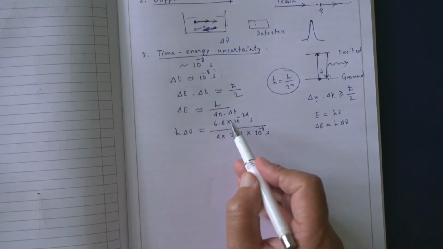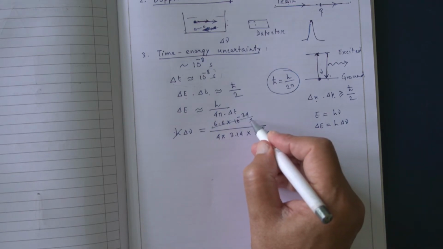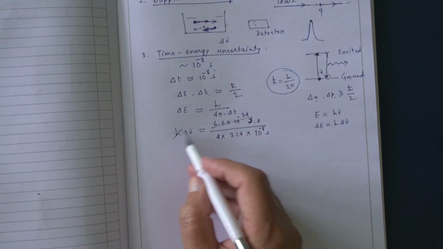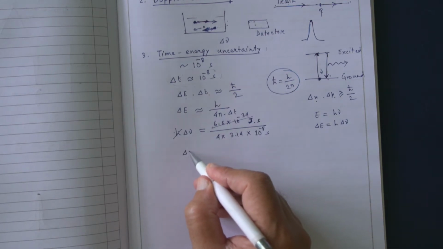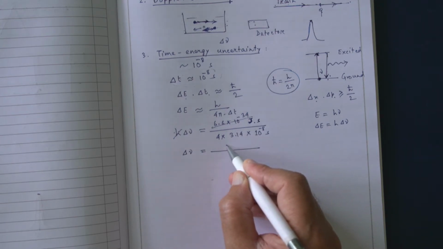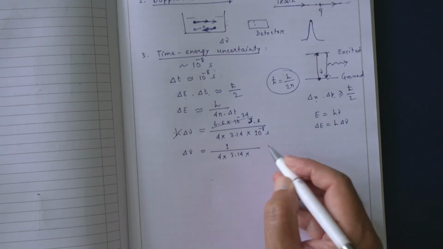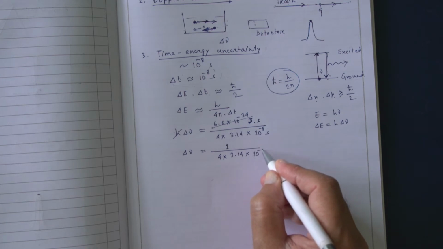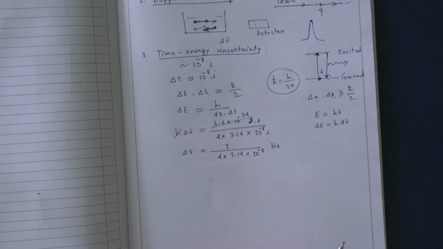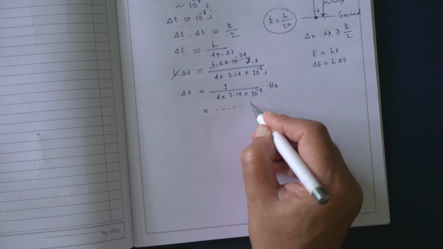So this h will cancel, joule second with joule second. So what is the uncertainty in frequency? It equals 1 by 4 into 3.14 into 10 to the power minus 8 per second, which is in hertz. You can simplify this and you will get the value.